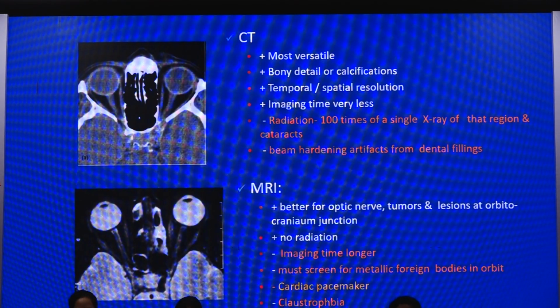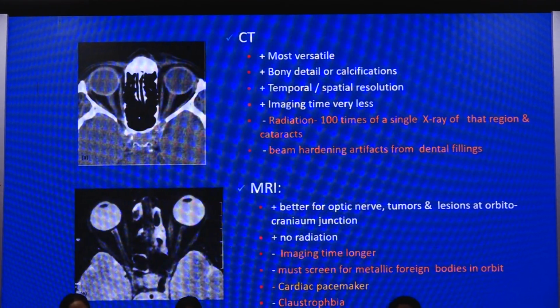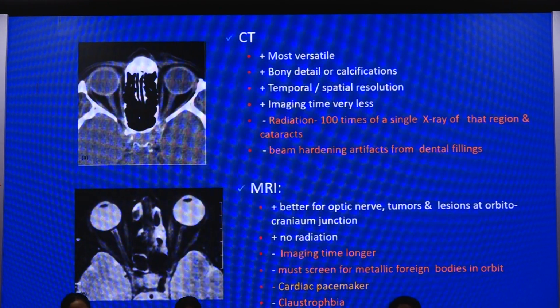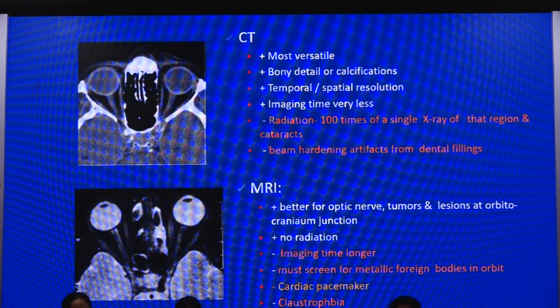Now coming to the MRI, it is a choice. Nowadays it is the only choice you have, apart from one or two indications for the CT scan, and it is for the soft tissue, for the orbitocranial junction. Why? At the orbitocranial junction, there are a lot of bones, the sphenoid and the other bones. So if you want to know about the soft tissues, then you have to order the MRI.